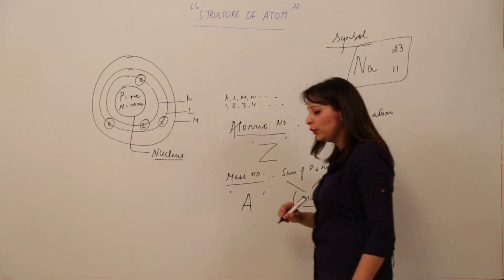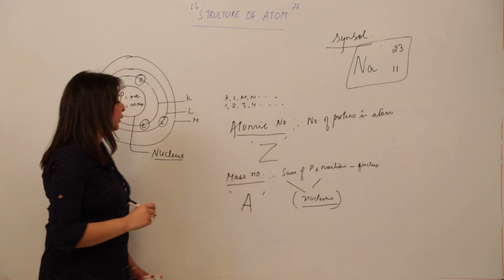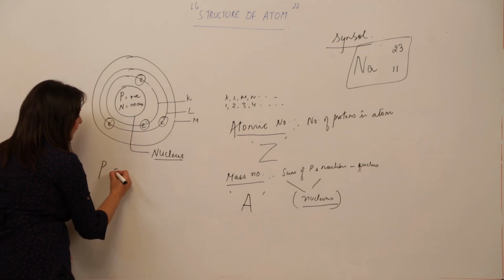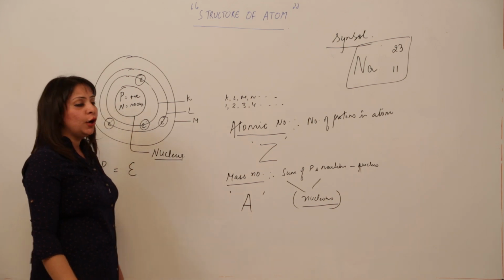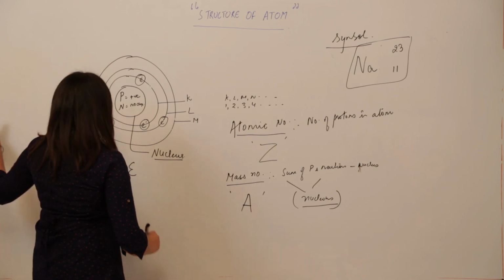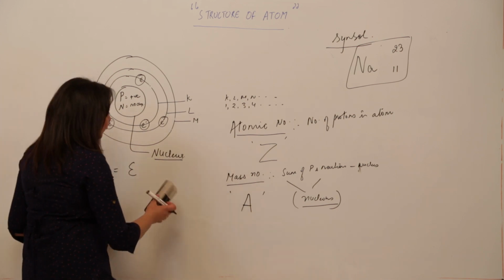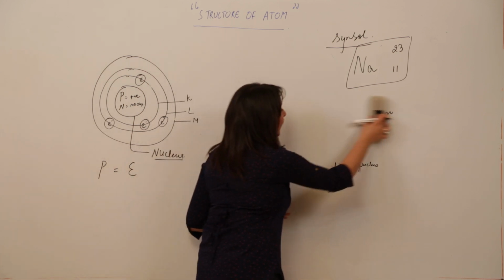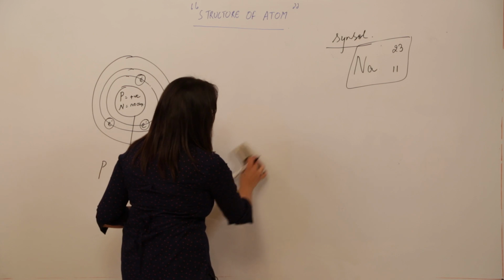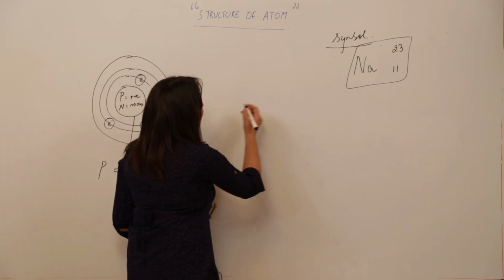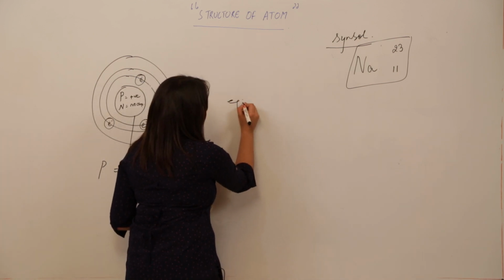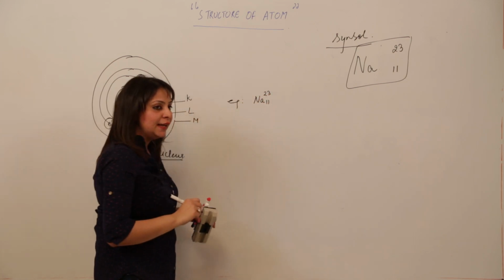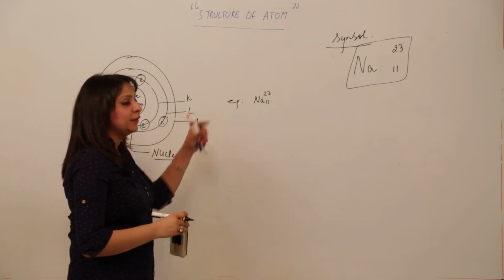As I have already told you, an atom is electrically neutral. That means the number of protons is equal to the number of electrons. We will explain this with an example. Look carefully at the board so that you will be able to make the atomic model of different elements. For example, take sodium, with mass number 23 and atomic number 11. What information do we get from these?